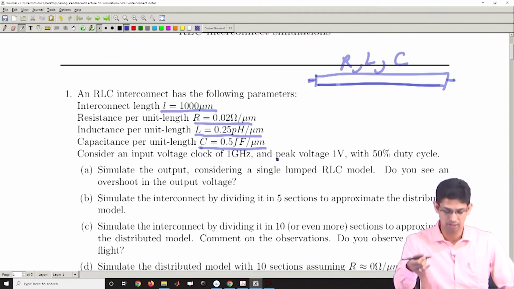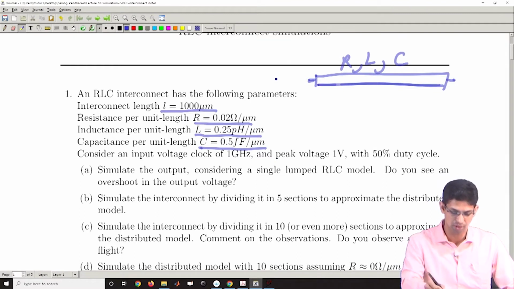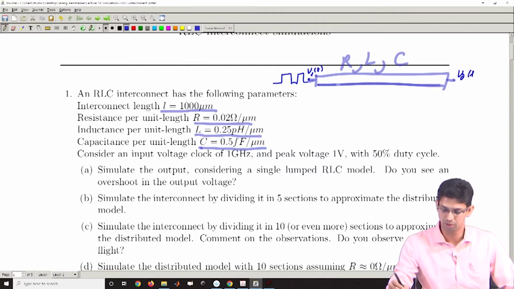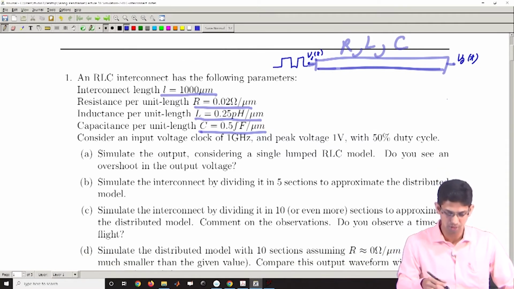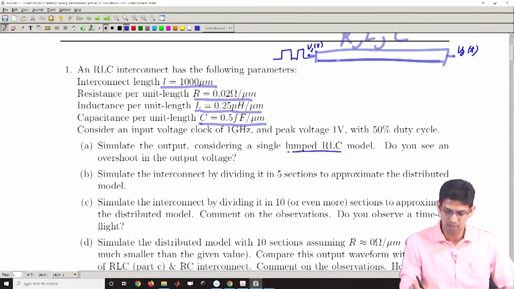Again, as in the case of an RC interconnect, we will give a clock input to this Vi, and we will see what happens to V out of t under different models. So, first we will start with a lumped RLC model, that is the crudest model.